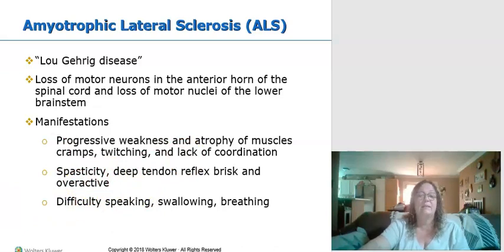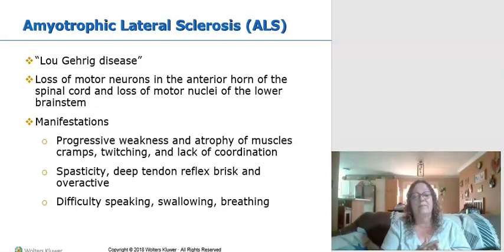So this is progressive and incurable. People with ALS can still think and learn. They have all their senses of sight, smell, hearing, taste, and touch. Yet the disease may affect their memory and decision making. ALS is incurable.